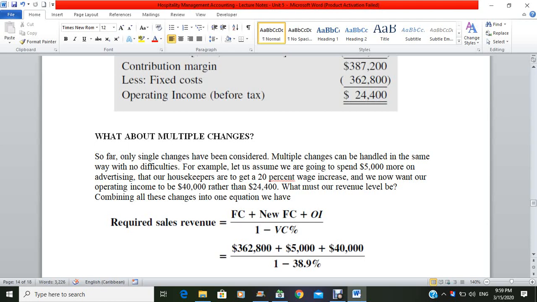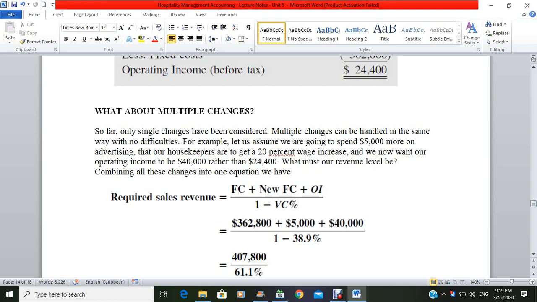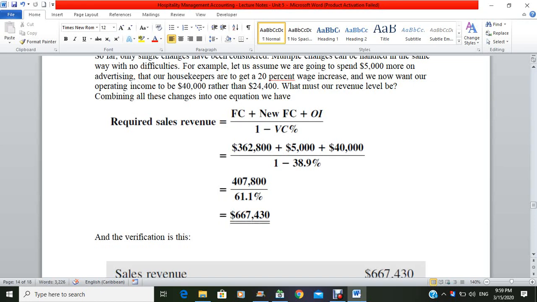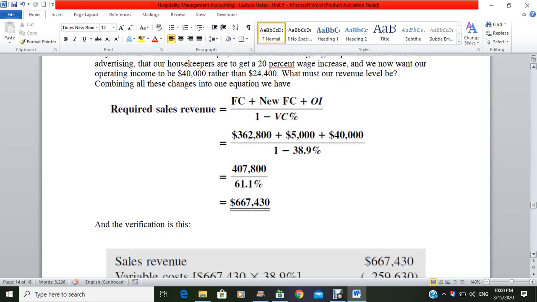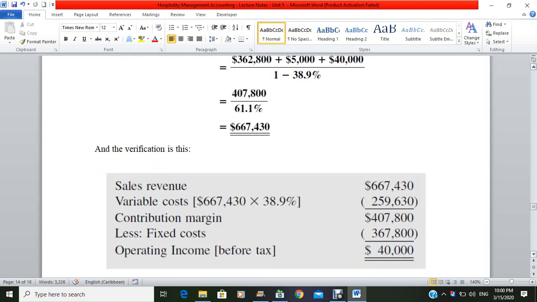Let's look at the solution. You add the fixed cost plus the new fixed cost, which is $5,000, plus the operating income you want, which is the targeted net profit. You divide everything and get your sales: $667,430. Please don't laugh at my stuttering. Listen to the video carefully, watch and observe.